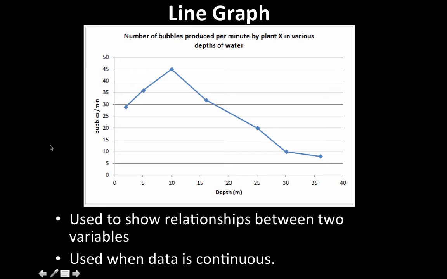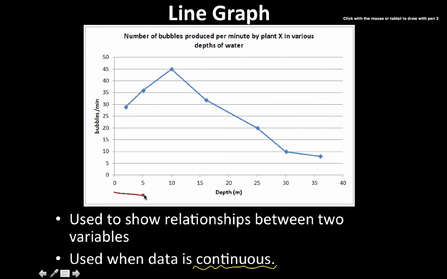The other biggest thing that we really need to focus on is not all graphs are appropriate all the time. So it's not like you pick a line graph because you like line graphs or a bar graph because you like bar graphs. The line graph shows the relationship between two variables and shows data that is continuous. This is key. Continuous, what does that mean? It's a logical flow from a start to a finish. So what do we see in this graph here?